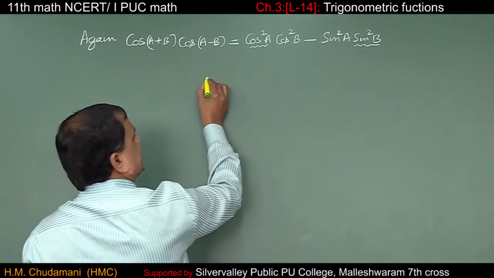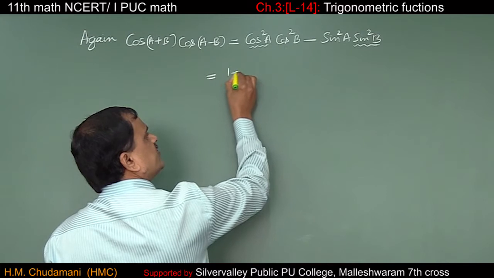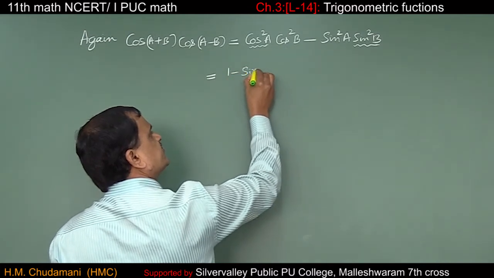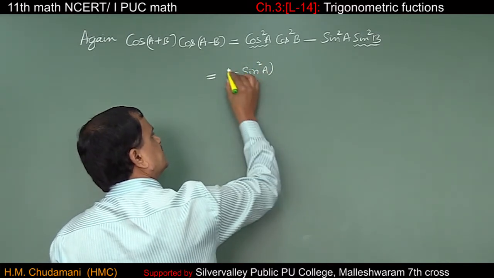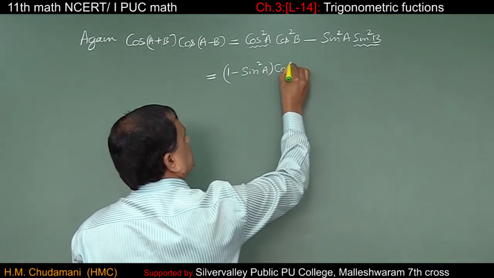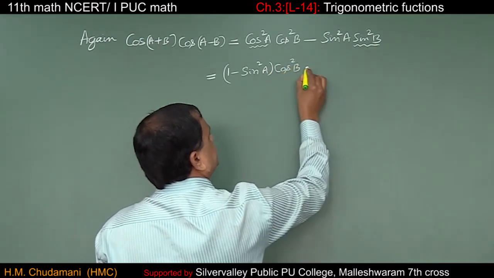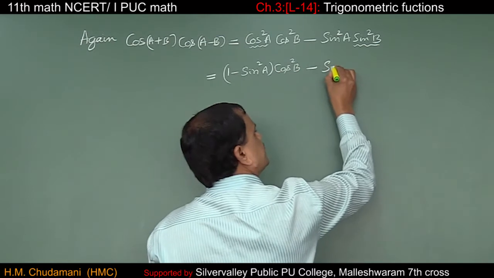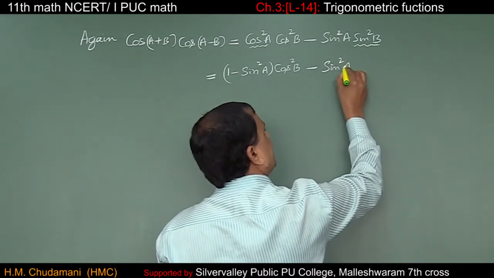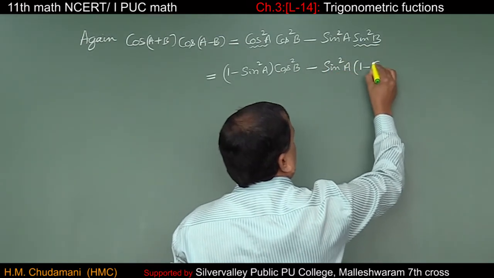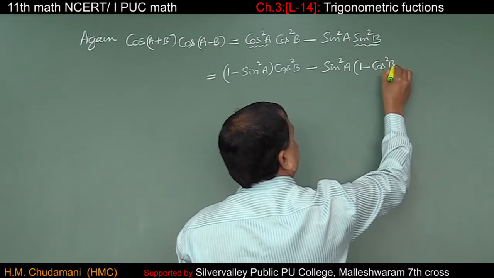No? So in place of cos square a, 1 minus sin square a I'll write into cos square b as it is, minus sin square a into 1 minus cos square b.